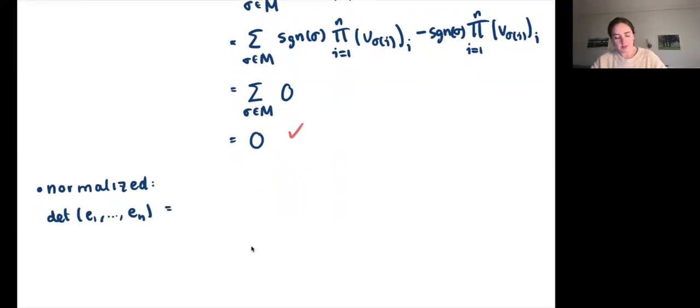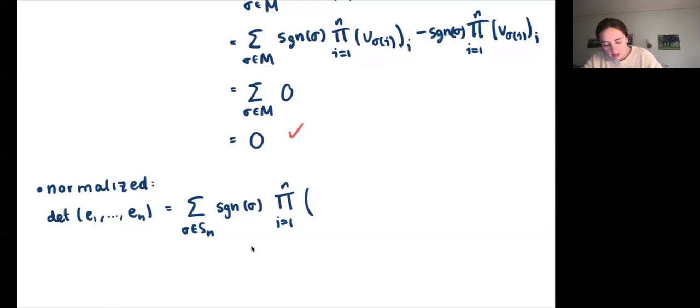Okay, so this is going to be the sum over sigmas in S_n of the sign of sigma times the product as i goes from 1 to n of e_{sigma(i), i}. Okay, so here's the thing.